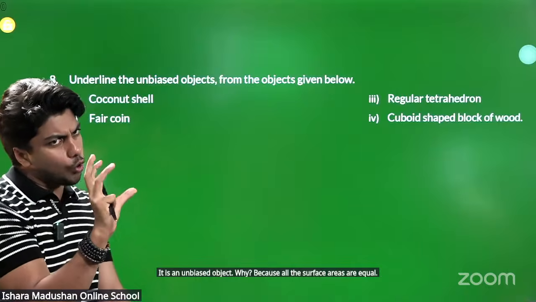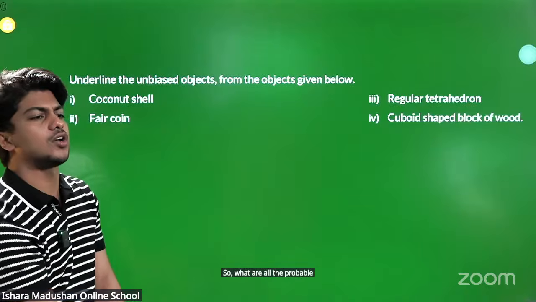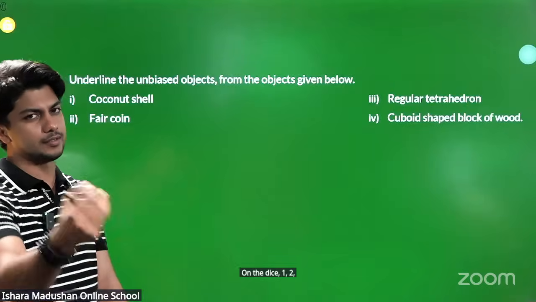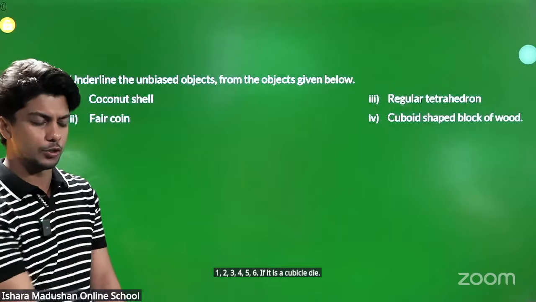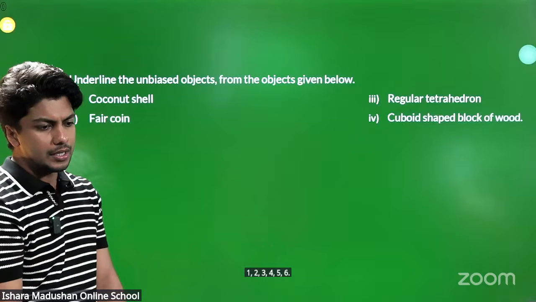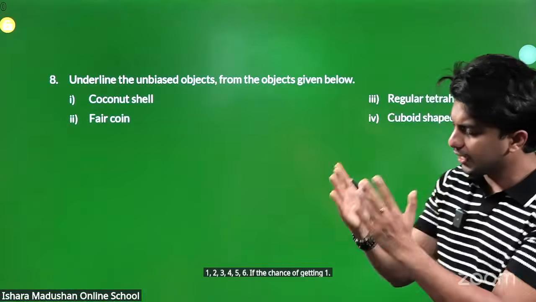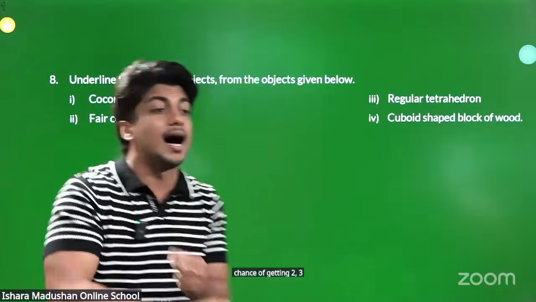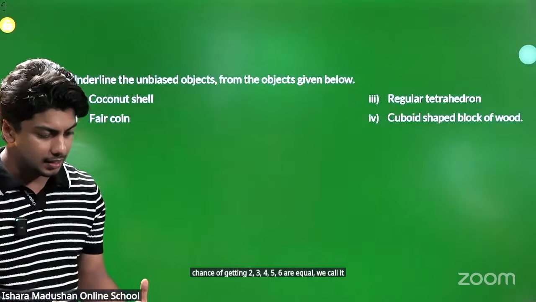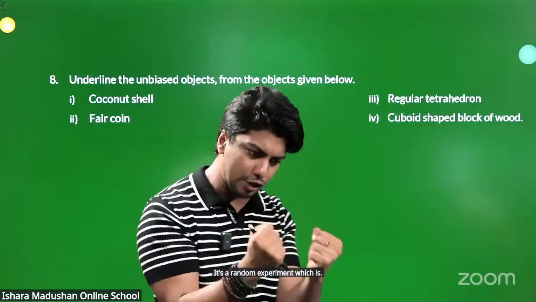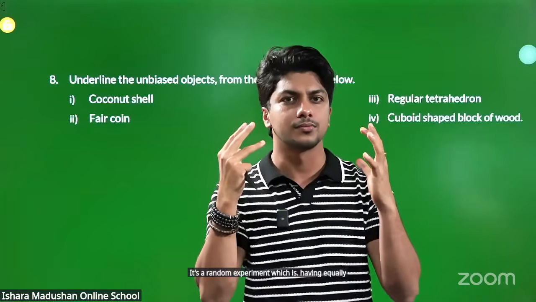So what are all the probable outcomes when I toss a die? 1, 2, 3, 4, 5, 6. If the chance of getting 1, 2, 3, 4, 5, 6 are equal, we call it a random experiment which is having equally likely outcomes.